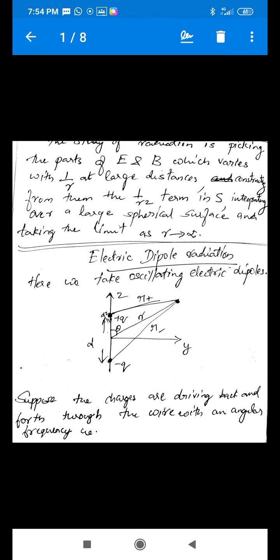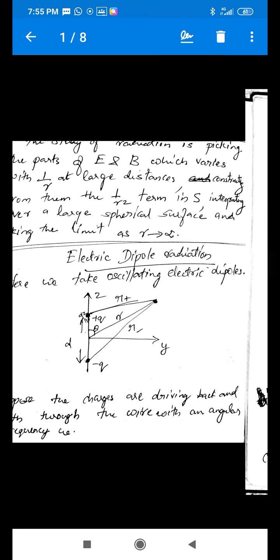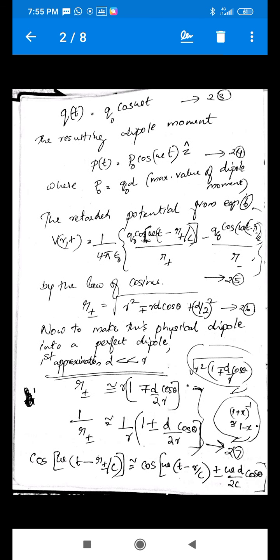If you consider a triangle connecting the plus q, the field point and the origin, you can write the value of r plus as the square root of r squared minus r d cos theta plus (d by 2) whole squared, isn't it? So that is equation 6.